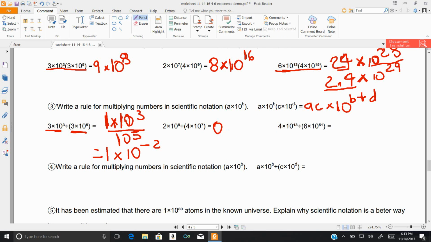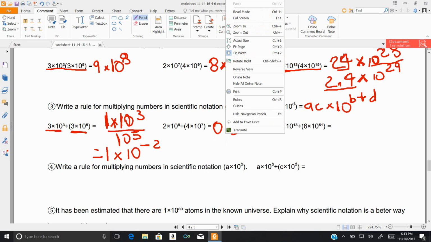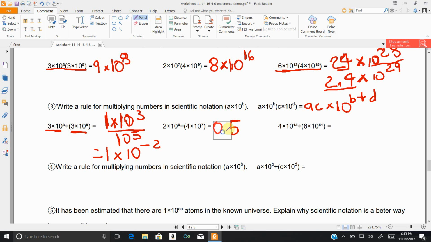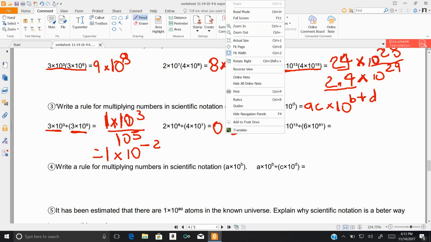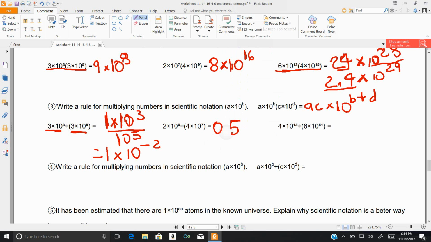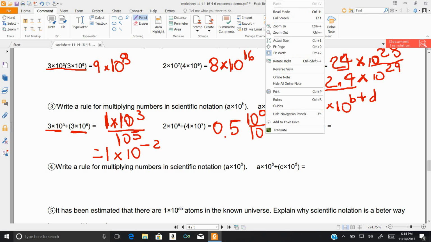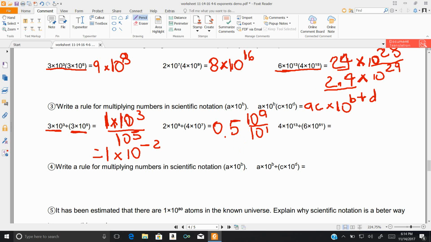2 divided by 4 is 0.5, and I have 10 to the 9th divided by 10 to the 7th, which gives me 10 to the 2nd power.